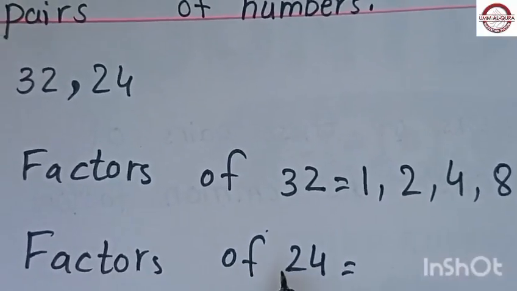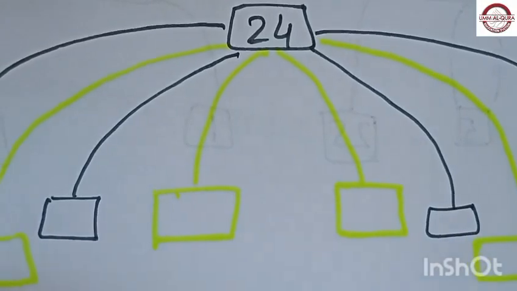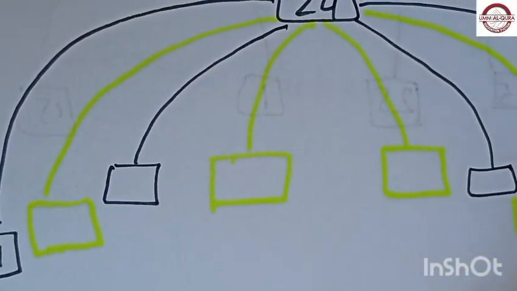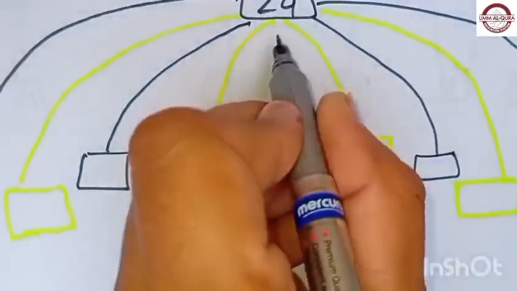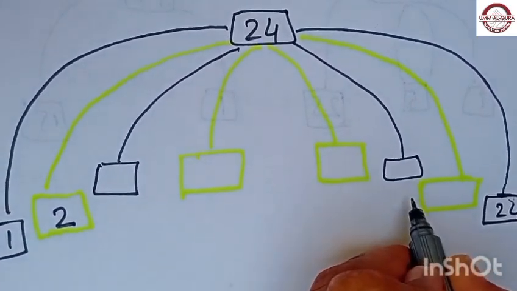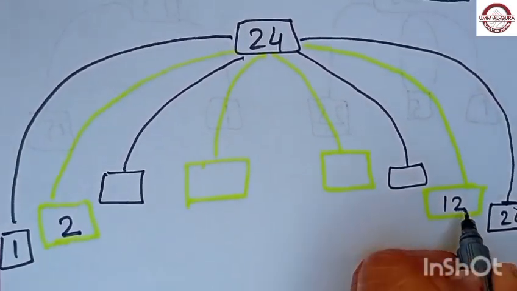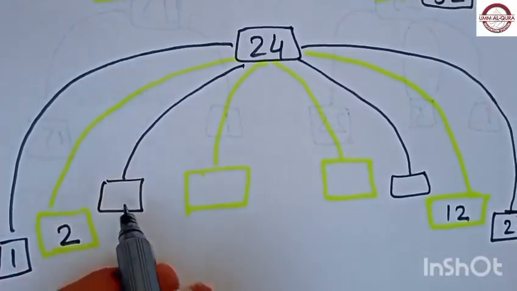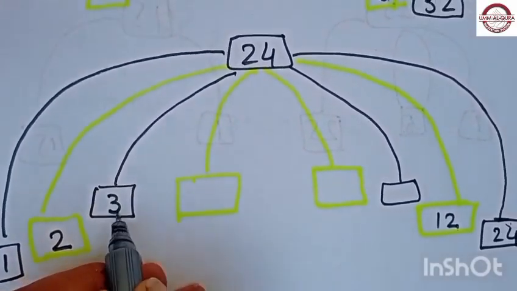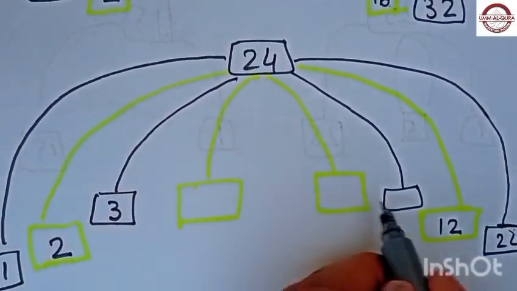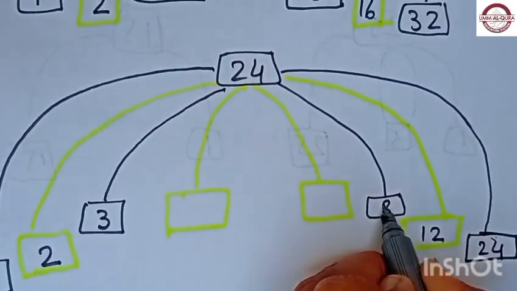Now, find the factors of 24. 1 is a factor of every number, and here 24. Next, when we divide 24 by 2, our answer is 12. Now, the next number is 3. Here we write 3, and what's the answer when we divide 24 by 3? 3 8s are 24.